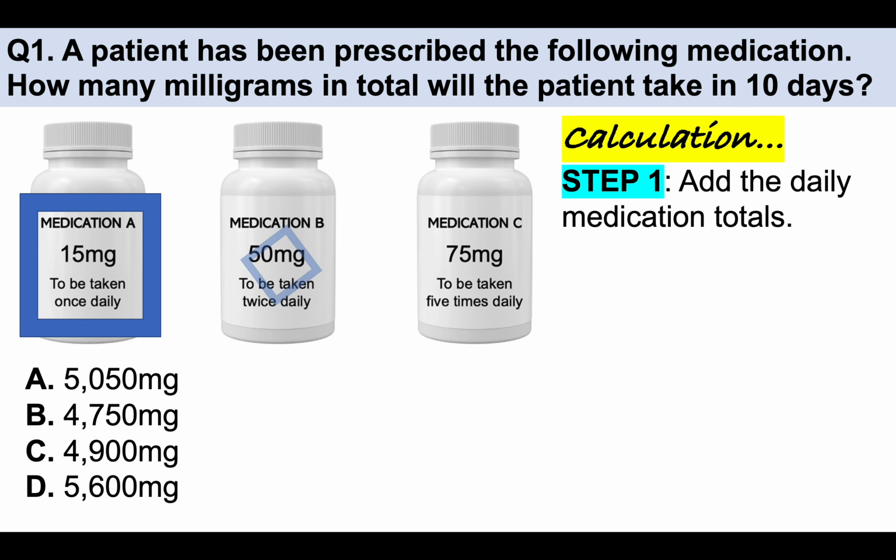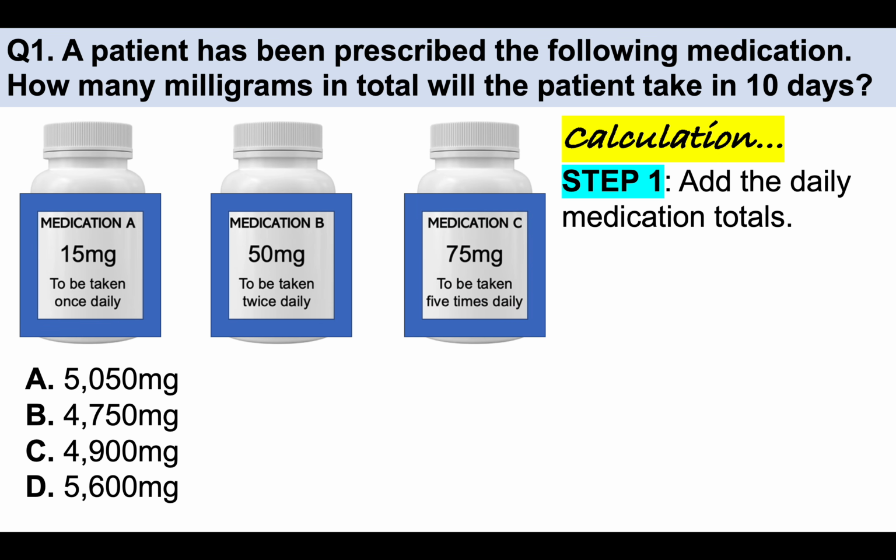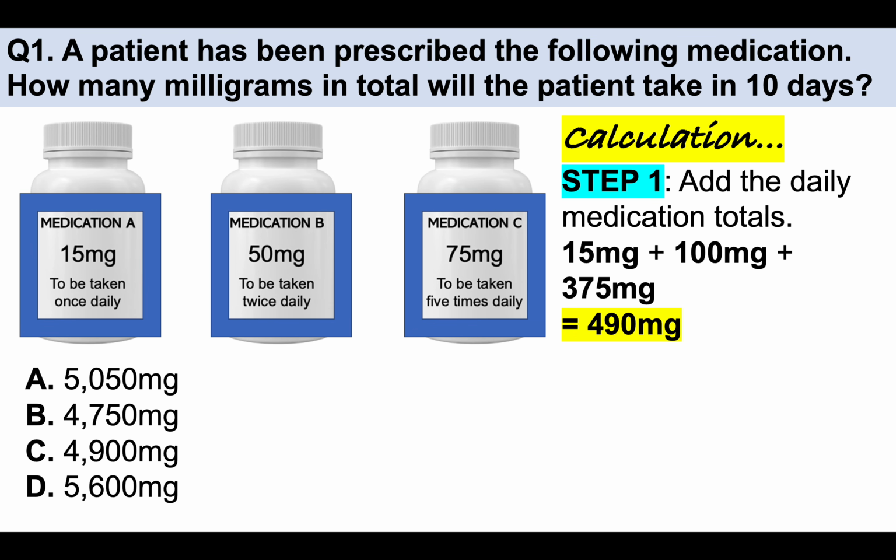Medication B, 50 milligrams to be taken twice daily, which would be 100 milligrams per day. And medication C is 75 milligrams to be taken 5 times daily, which is 375. So we add those together, 15 milligrams plus 100 milligrams plus 375 milligrams, and that equals 490 milligrams.